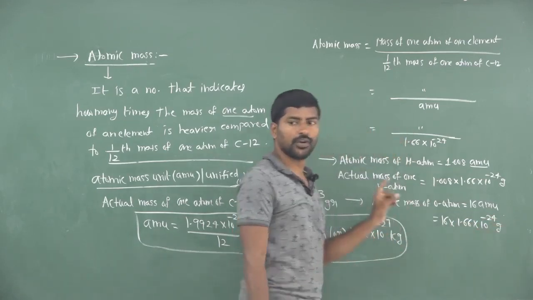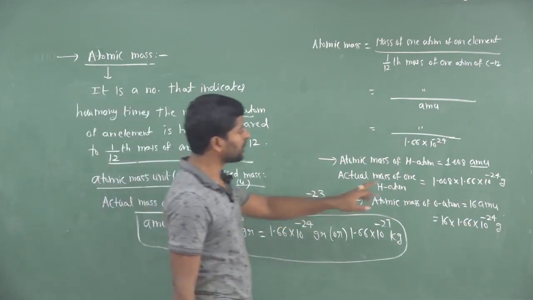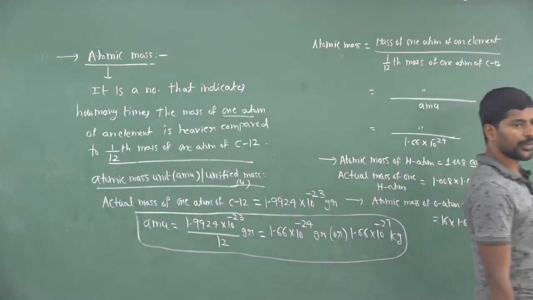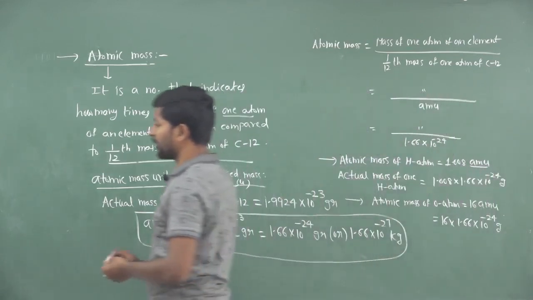This is the mass of one oxygen atom. So if you express mass in atomic mass units, that indicates only one atom's mass. Right, this is the atomic mass concept.